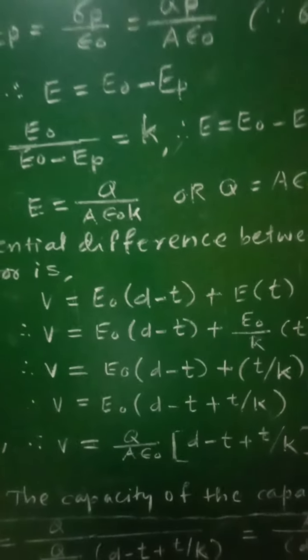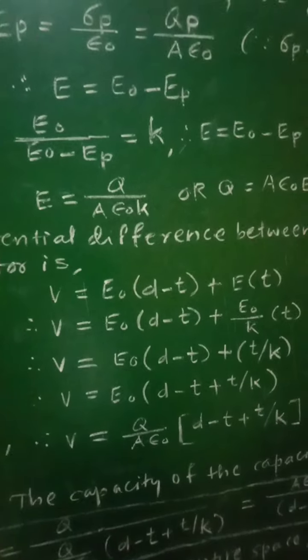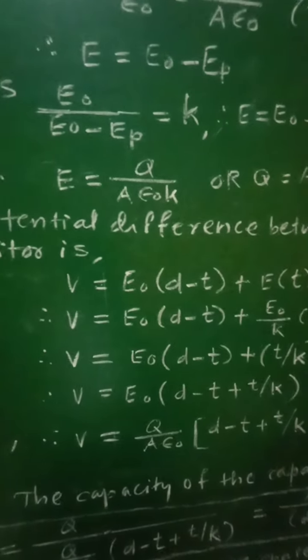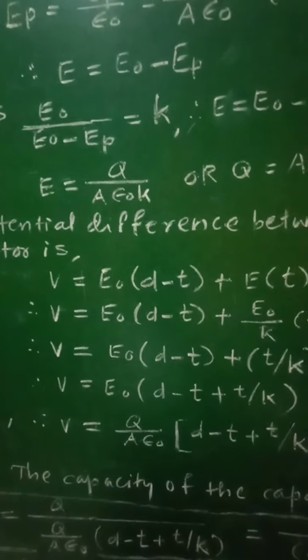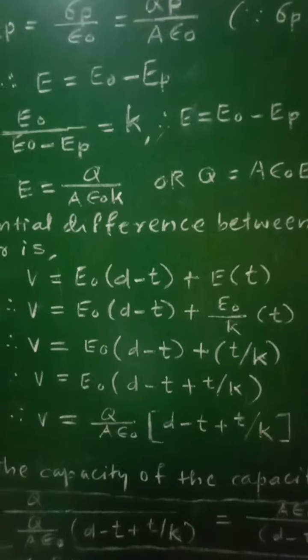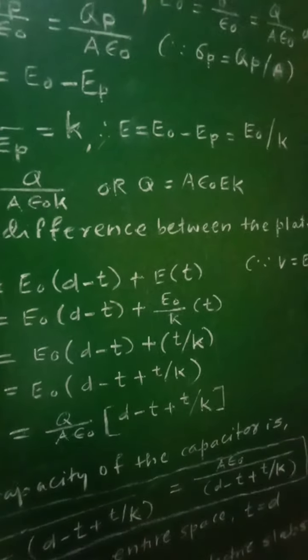That is, there are two electric fields E0 and E, and therefore the sum will be the electric potential between the two plates, that is phi equals E0 into d minus t plus E into t.